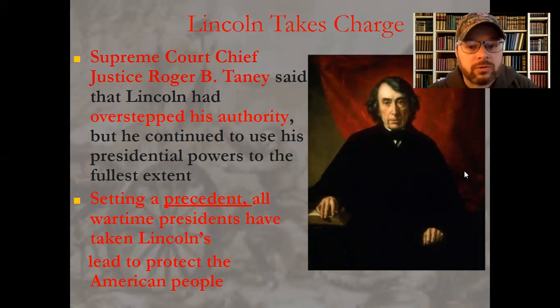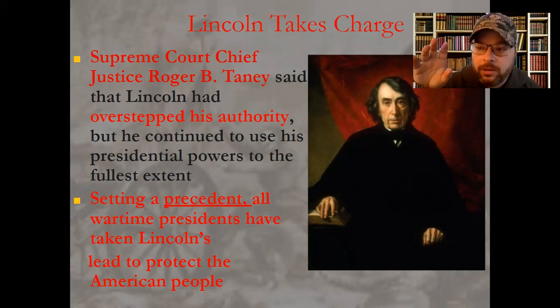Supreme Court Chief Justice Roger B. Taney said that Lincoln had overstepped his authority, but he continued to use his presidential powers to the fullest extent. This is actually one of the aspects of the presidency that Lincoln did, was he really expanded executive power, setting a precedent. All wartime presidents have taken Lincoln's lead to protect the American people. In other words, when a war happens, generally speaking, a president takes on a slightly different role.